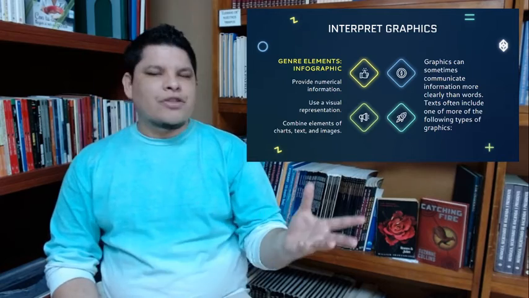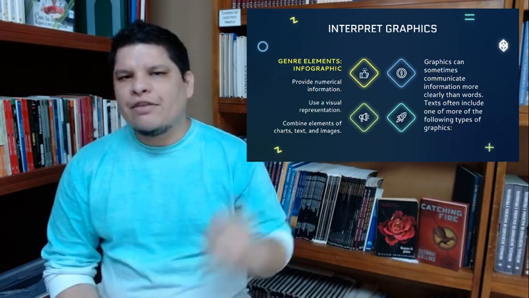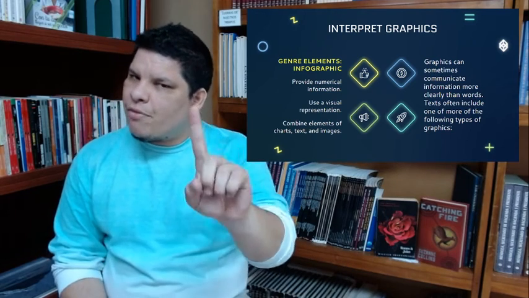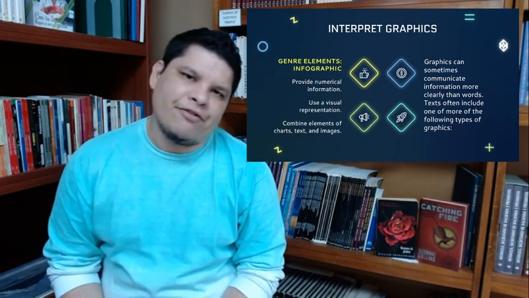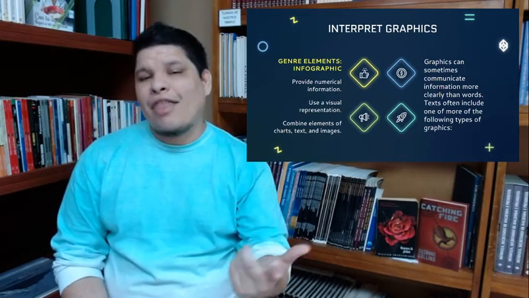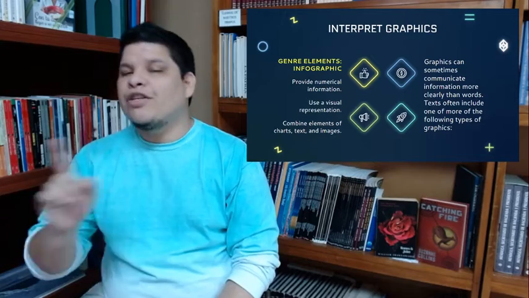All right? The first thing that we gotta know is the elements of this specific genre, which are infographics. They, number one, provide numerical information, statistical information, and because of that, they use visual representation.